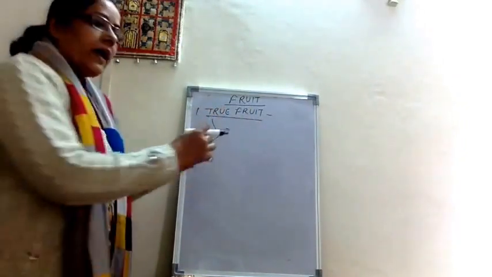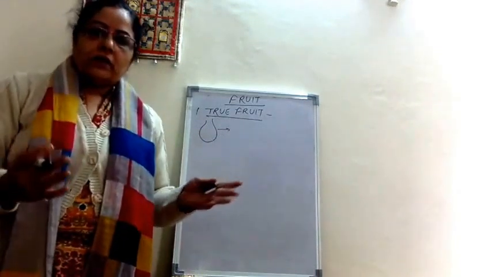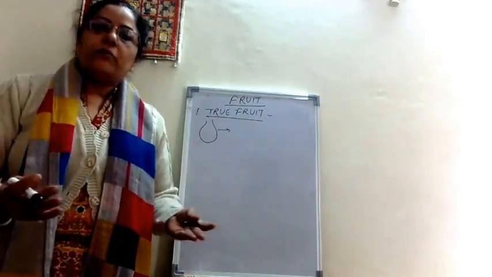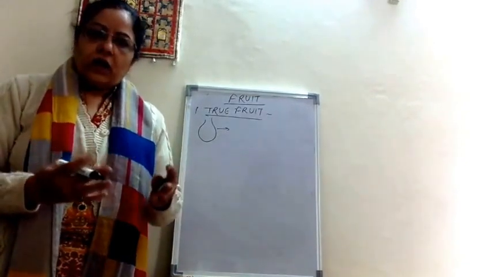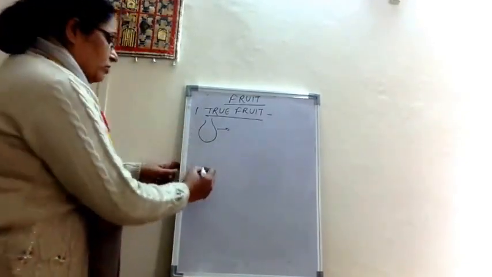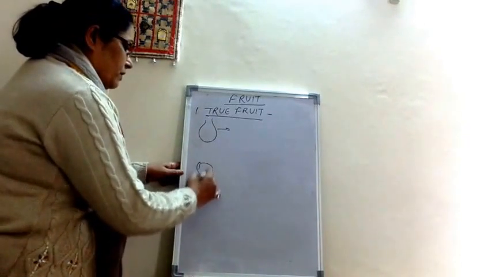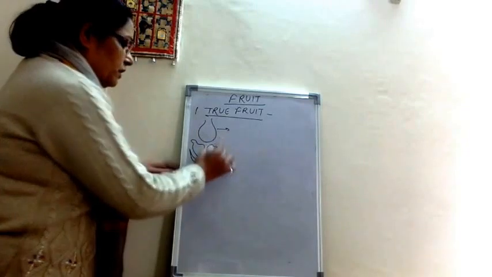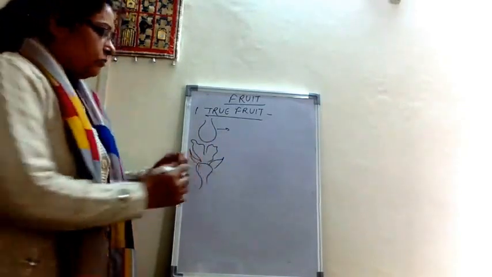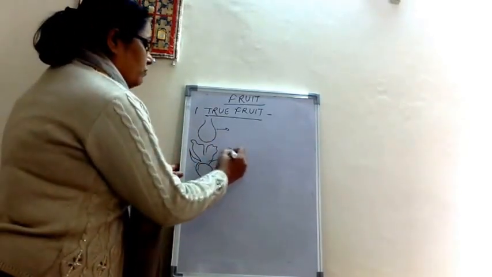And when any other part of the flower is involved in the formation of fruit, like perianth, calyx or corolla, or sometimes the swollen thalamus, that is called false fruit.